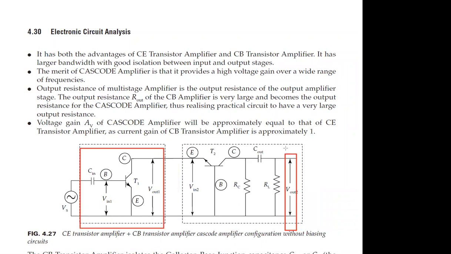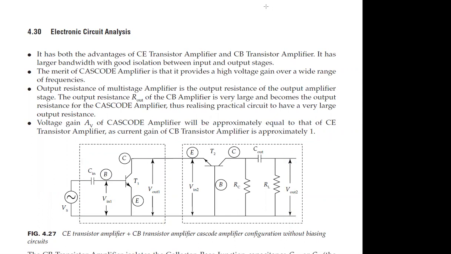That is approximately equal to the CE amplifier, and the current gain of the CB transistor amplifier is approximately 1. Since the current gain of the common base amplifier is 1, it will be reflecting the voltage gain and current gain.